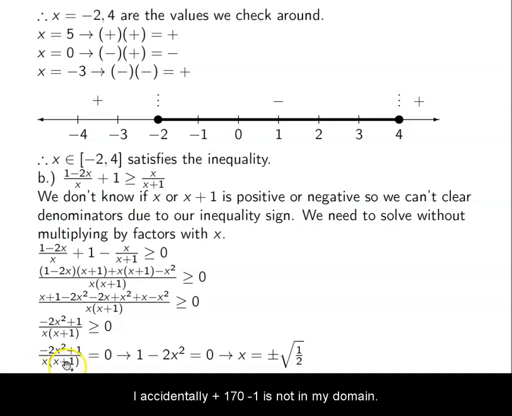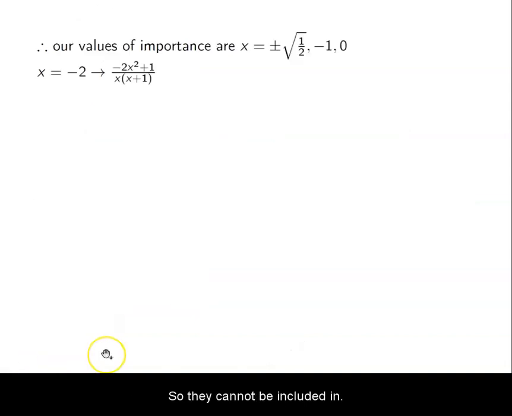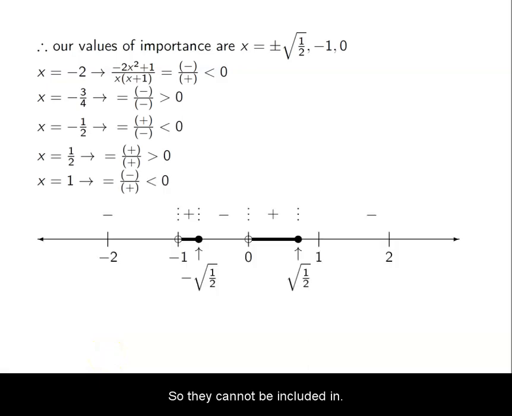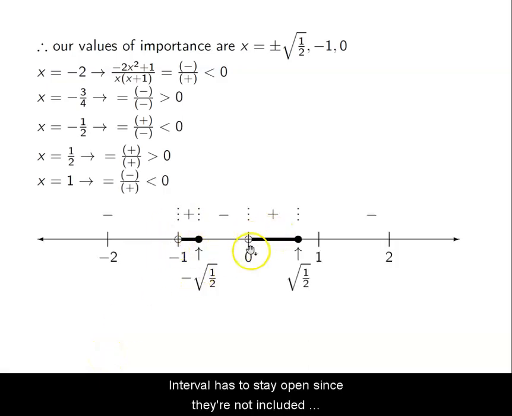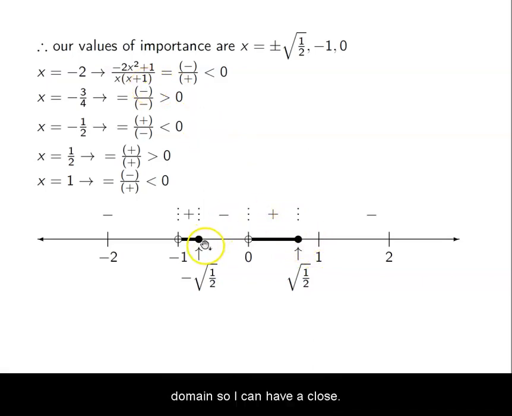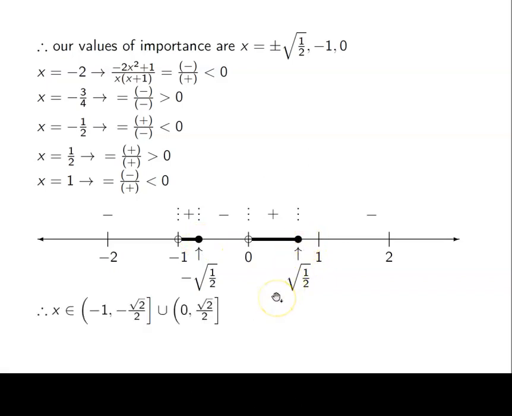So 0 and negative 1 is not in my domain. So they cannot be included in the interval. It has to stay open since they're not included in the interval. However, this negative square root 1/2 and the square root 1/2, that has to do with the 0. So that's still included in the domain. So I can have a closed circle on those.